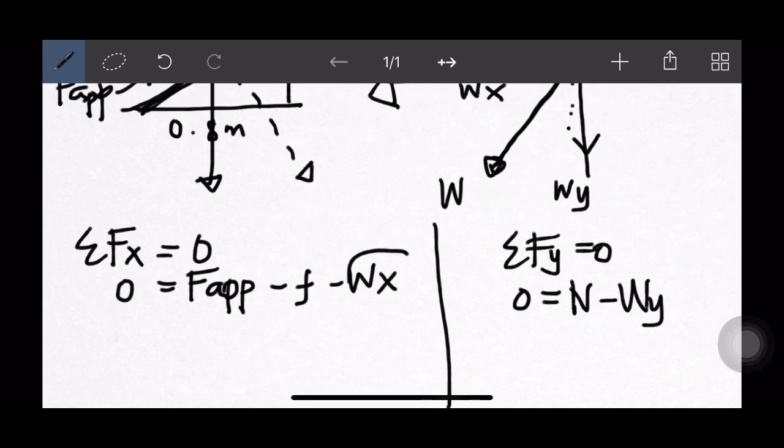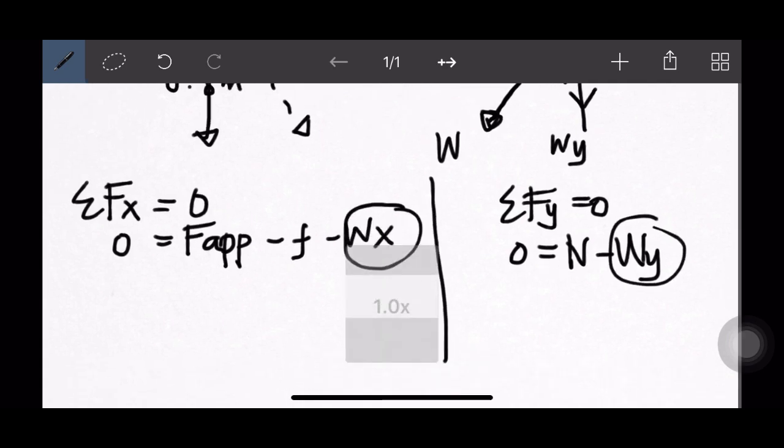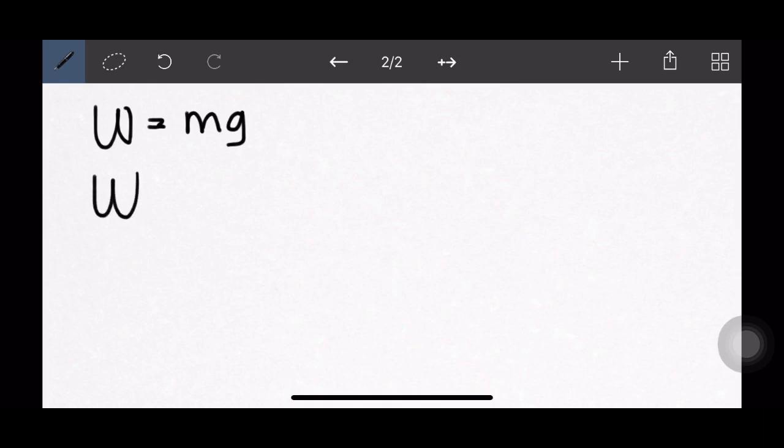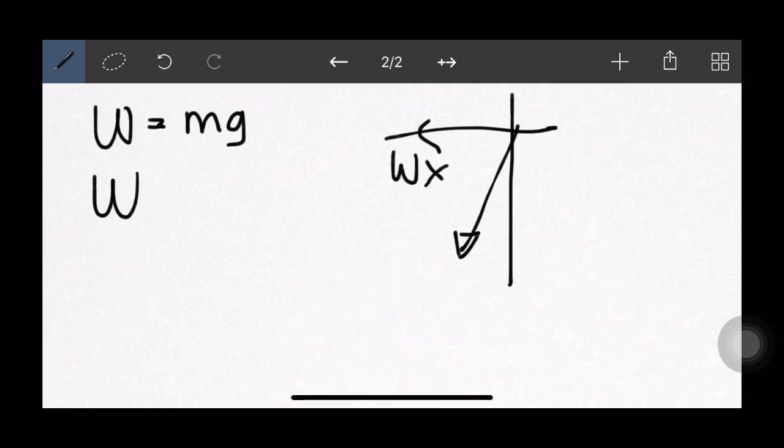Next question, how do we get the values of the weight along the x component and along the y component? Remember that the weight is equal to mass times gravity. And since the weight is a resultant vector of x and y, we can solve using the initial conditions.